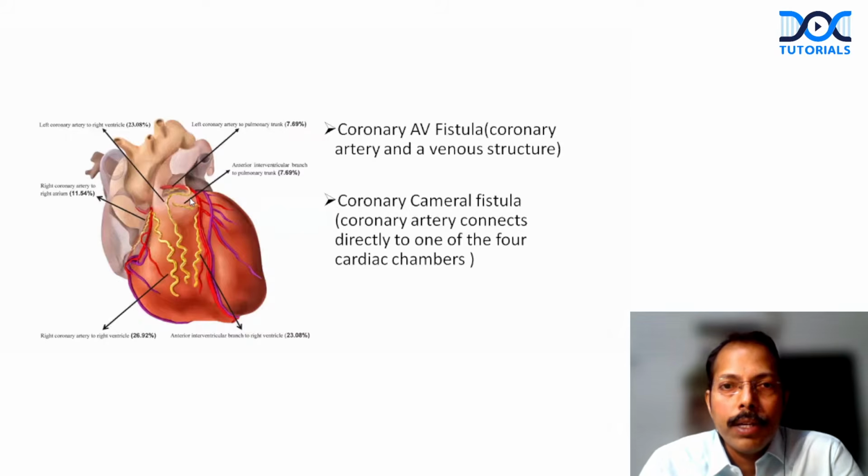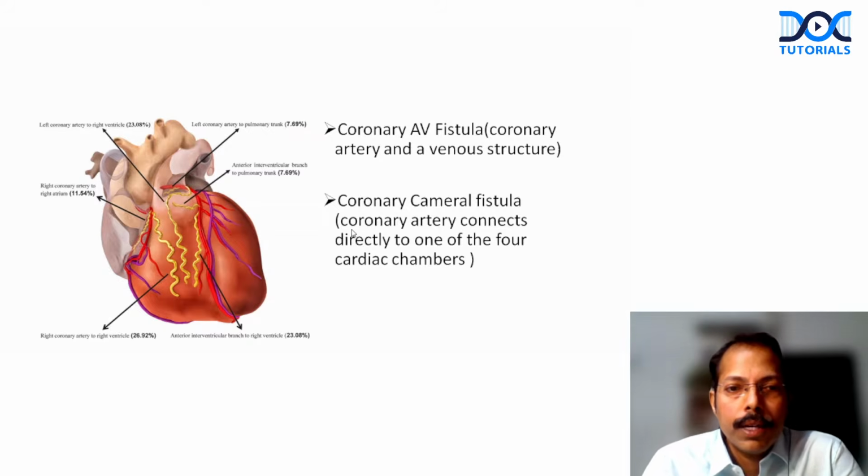And the point I would like you to follow is that coronary AV fistula is a communication between a coronary artery and a venous structure. What is a coronary cameral fistula? Again, it is for the benefit of the exam goers for the upcoming years. The coronary cameral fistula is nothing but the coronary artery connecting directly to one of the four cardiac chambers.